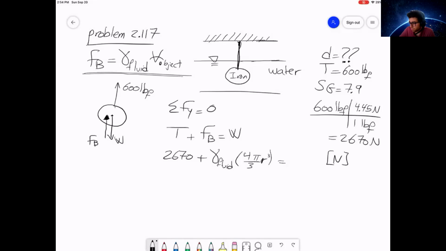We know gravity is a constant value, 9.81. We need to find mass. If we find mass, we find the weight. How would you find mass in this problem, given values like tension and specific gravity?